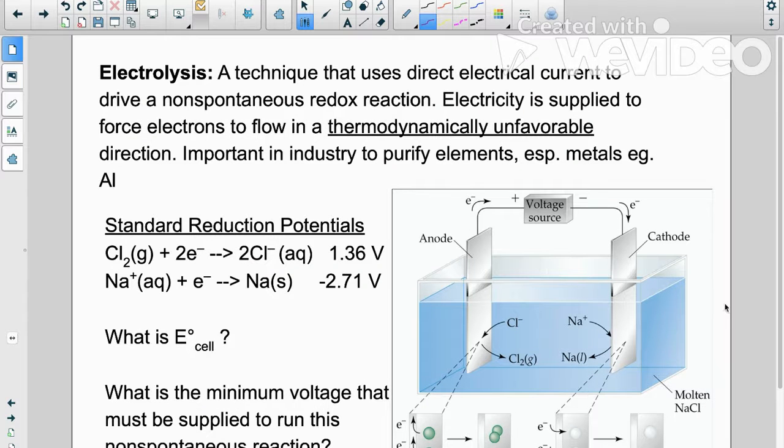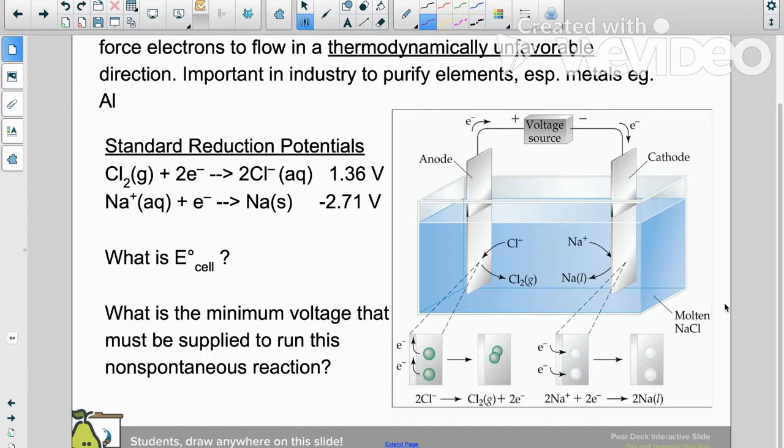All right, so here in this electrolytic cell, the reductions, okay, these are the reductions from the table, the standard reduction potentials. We've got to take a look at what's happening in this cell to figure out what reaction to flip here.